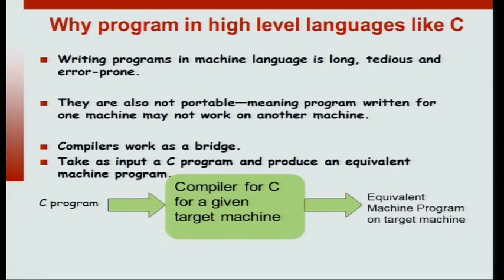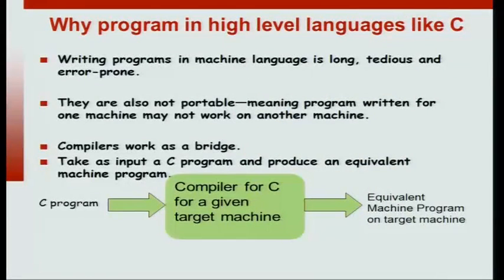Okay, so writing machine language code is very long, it's very tedious, and is particularly prone to errors. Also, they are not portable. If you write machine code for a particular processor, let's say you're writing the code for an Intel processor and you move it to an AMD machine, it might not work. Okay, whereas if you take your C code and compile it on another machine, it will run on that machine.